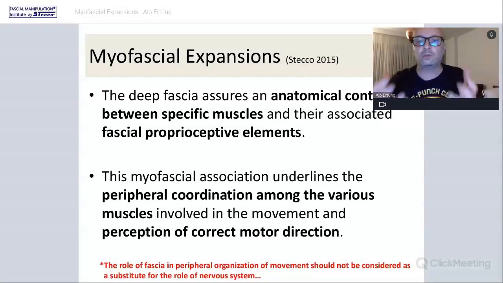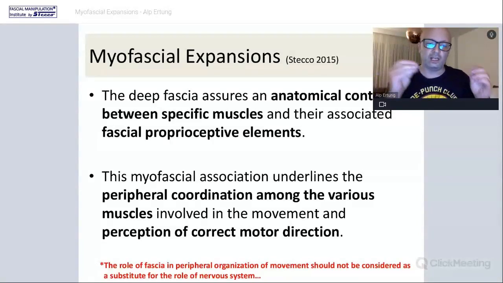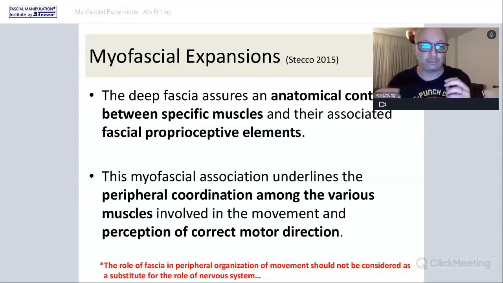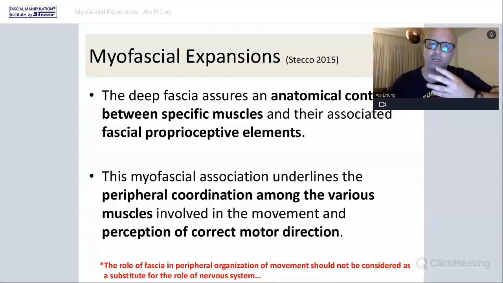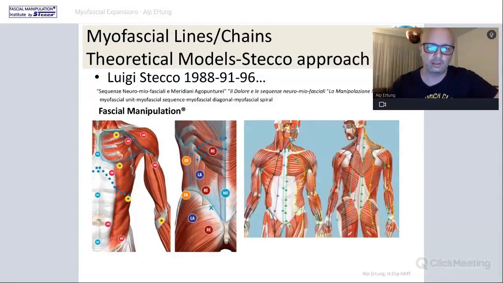So when we are talking about the innervation of fascia and how it helps the nervous system, the motor coordination, perception of movement, like proprioception, nociception, everything, it's a very, very elegant type of support. The role of fascia in peripheral organization of movement should not be considered as a substitute for the role of the nervous system. They are all working together. The fascial system is a very, very important support for the nervous system. So I just wanted to underline this.